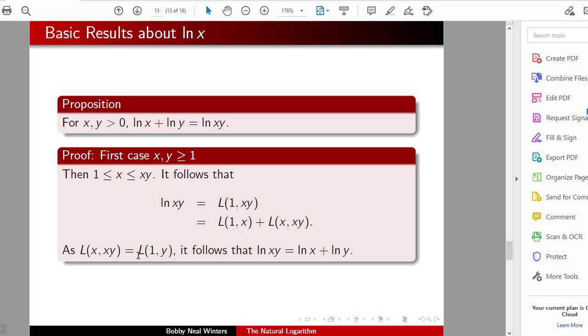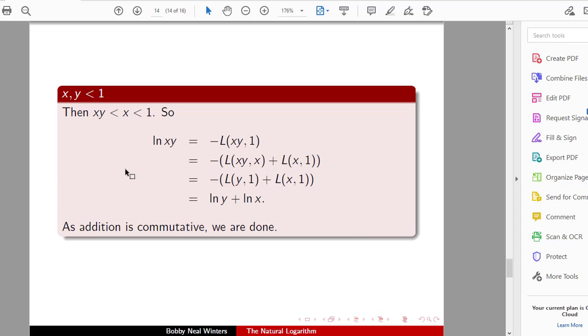That L of x to xy, we can factor out since we have a common factor there, and it gives us back L of 1 to x. And so here I have that the natural log of xy equals the natural log of x plus the natural log of y. And the rest of it is just, as I say, taking special cases.